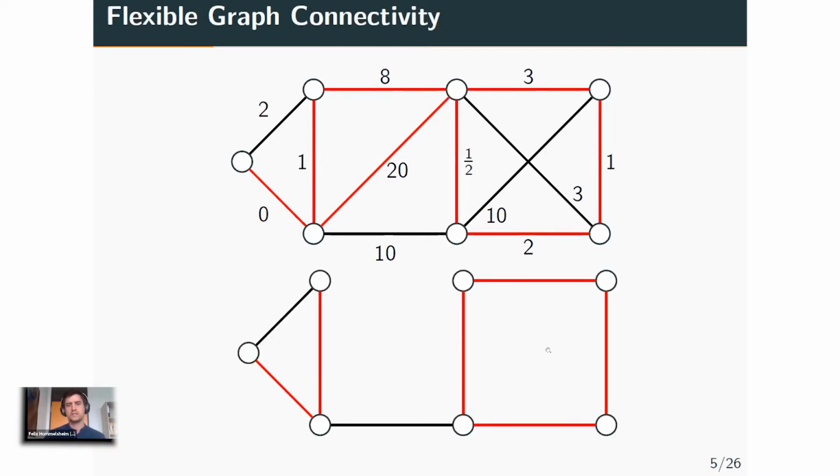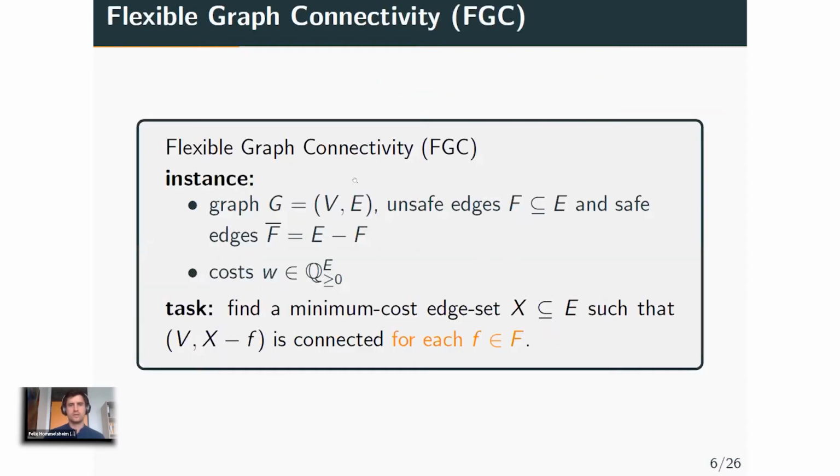Here you can see no matter which red edge, so no matter which unsafe edge you delete, for example this one here, you still have a connected spanning subgraph. You can have cut edges like this edge here, but then it has to be a safe edge. Again, the formal definition of this problem, we abbreviate it with FGC.